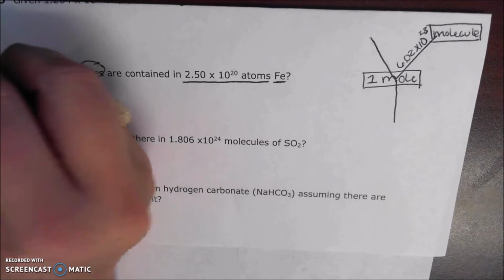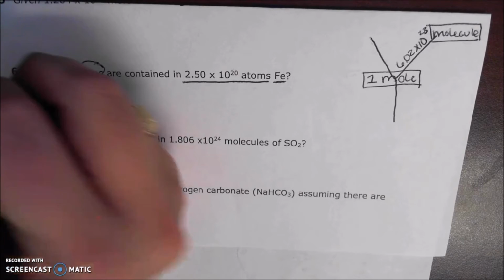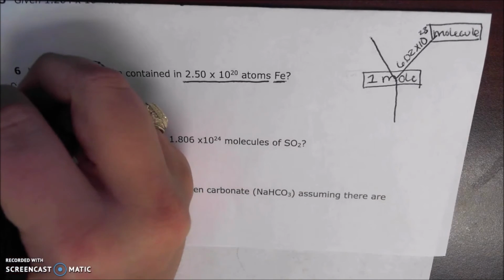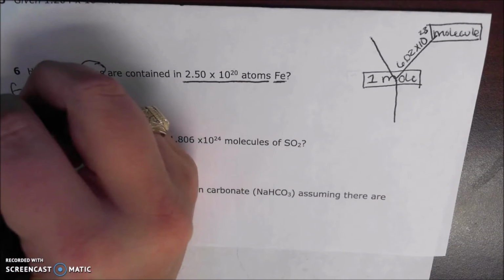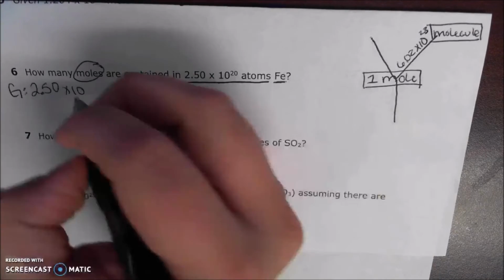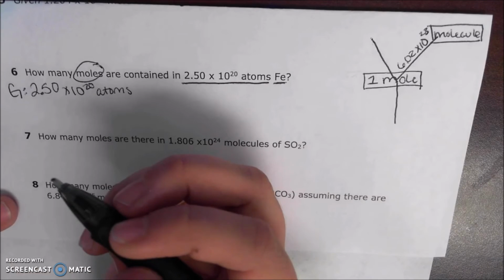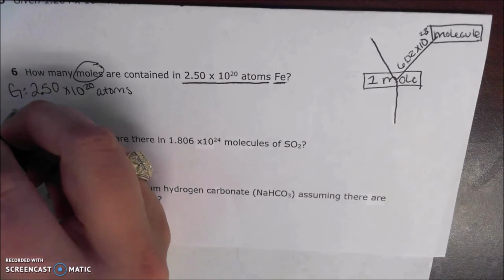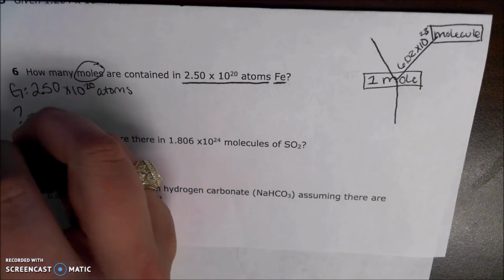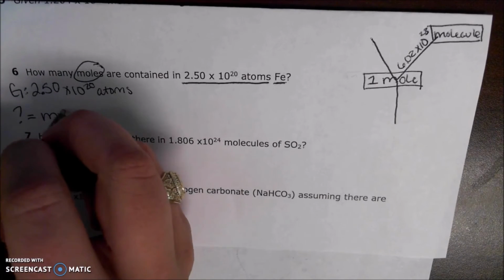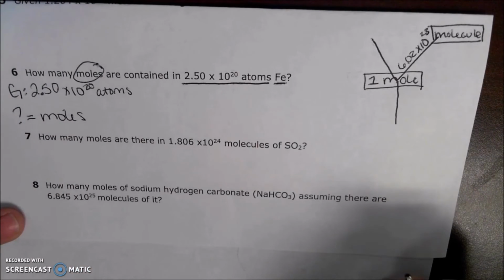Over here, you're going to put in your G for your given, 2.50 times 10 to the 20th atoms, which we use the same as molecules. And what we're looking for is moles.